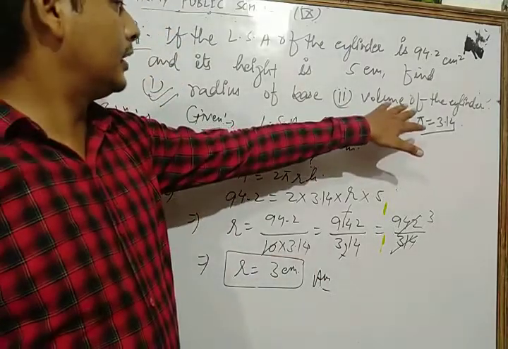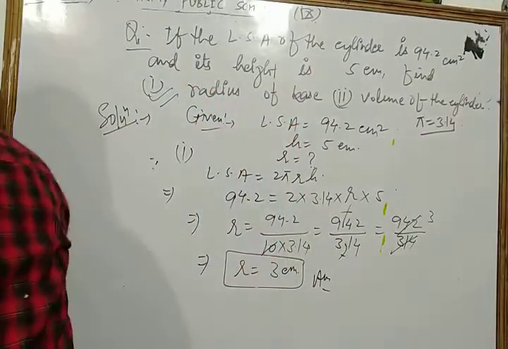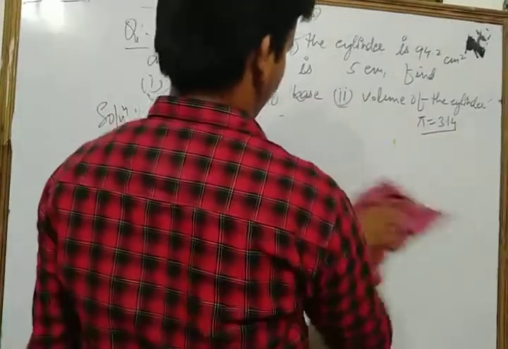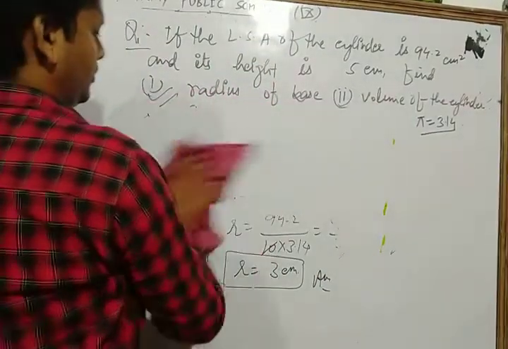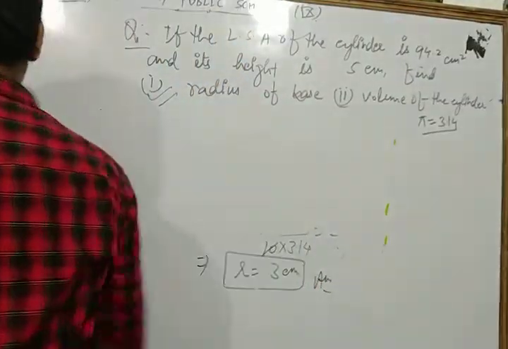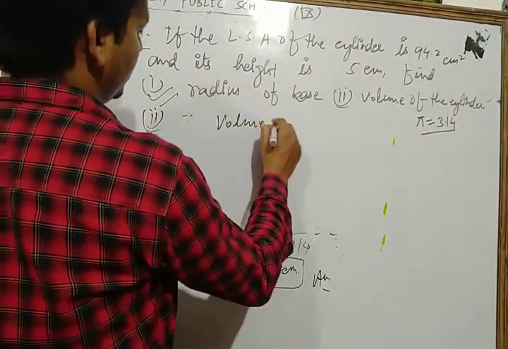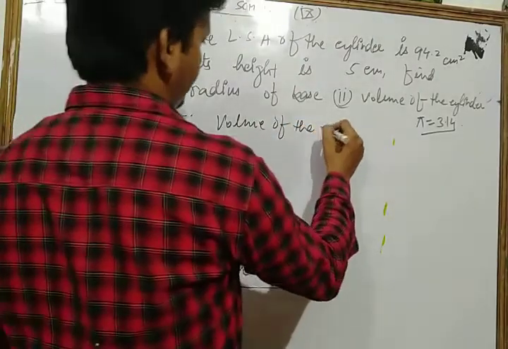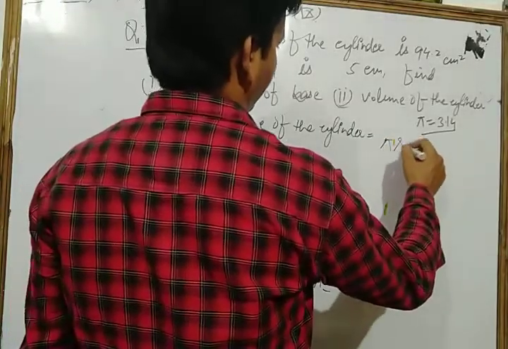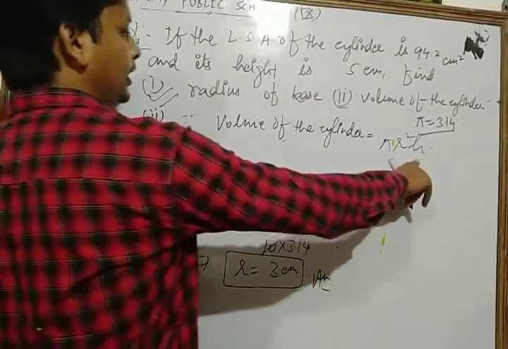Now we find the volume of the cylinder. Second part we solve it. Since we know that volume of the cylinder is pi r square into h.